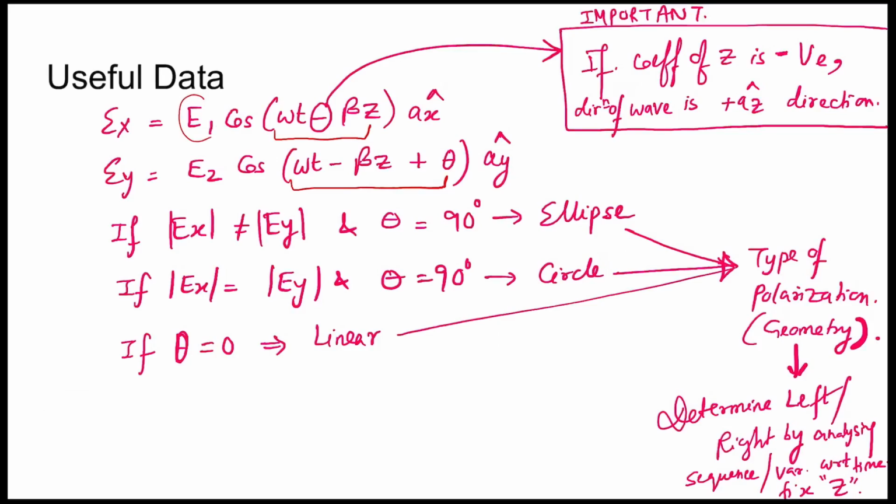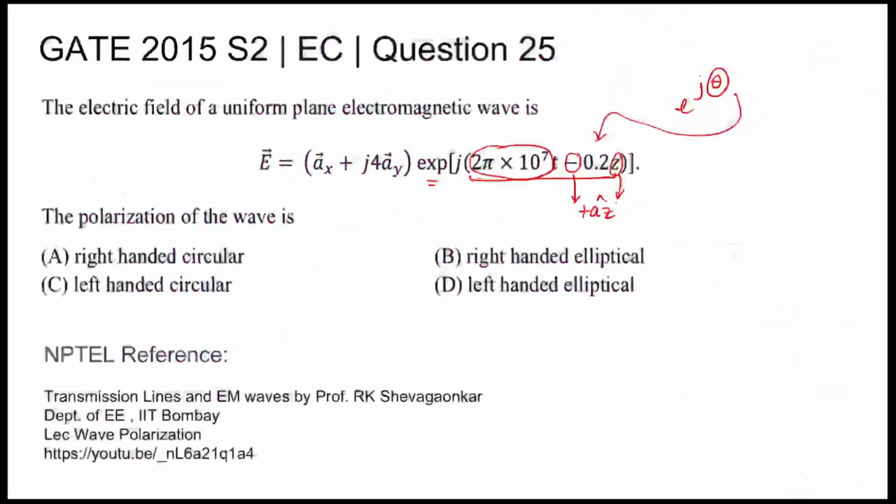And if the magnitudes of this Ex and Ey are not the same, but their phase difference is 90 degrees, as you can see, since there is a j term, it gives an anticlockwise phase of 90 degrees, because you know e to the power jθ is a complex number, e to the power jπ/2 is j.